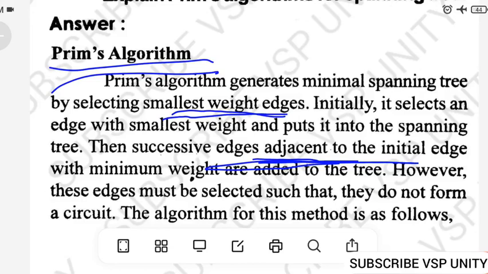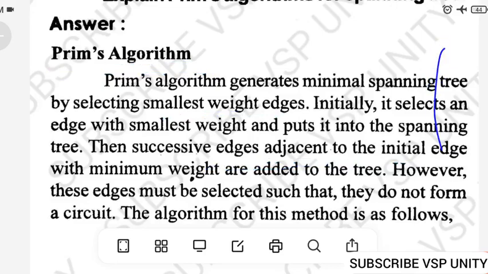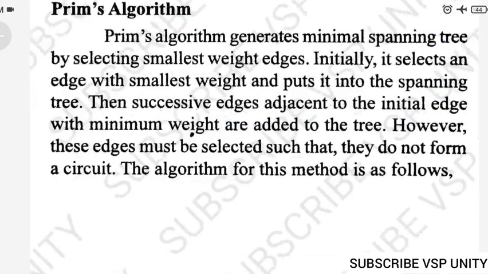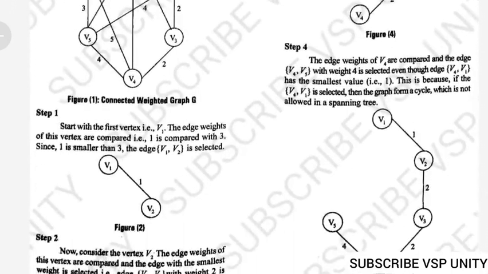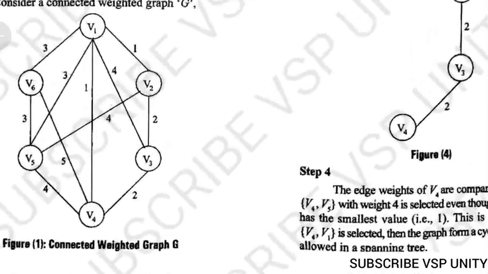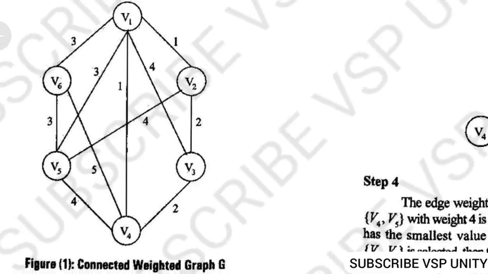Okay, I'll close this, I'll delete, and now coming to your example, see this graph, where you have vertices v1, v2, v3, v4, v5, v6. Six vertices are there, and within that we have so many edges.